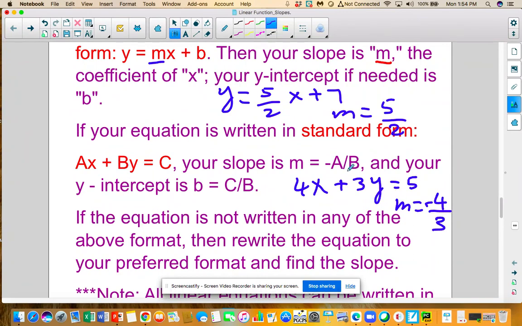Remember, this A and B have nothing to do with this small b right here. This B is not your y-intercept. As a matter of fact, to find the small b, your y-intercept, you take C, whatever the value of C is, divided by the big B right here.